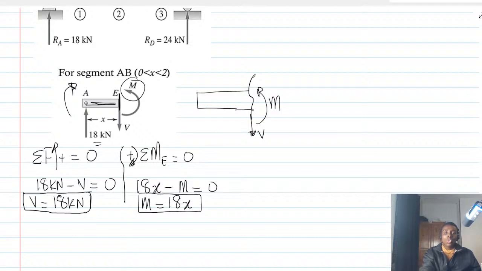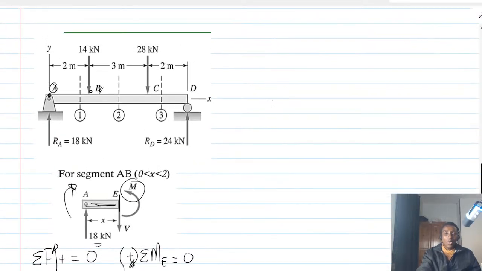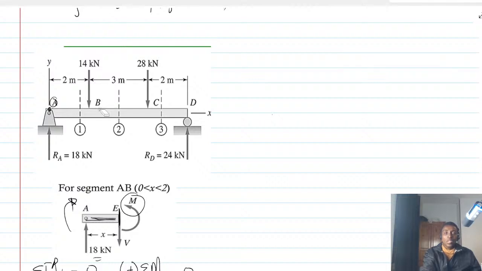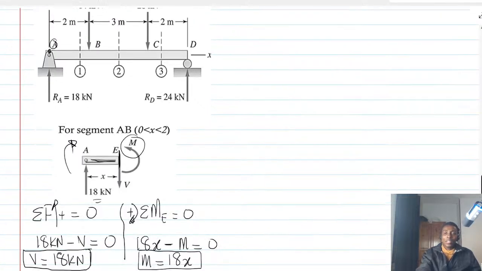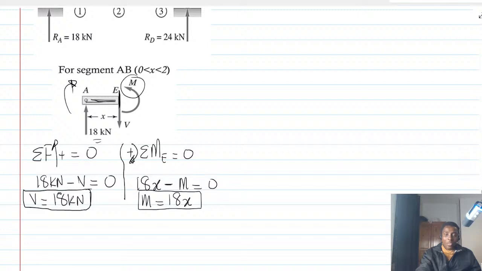So put these two equations down. Write it somewhere. Now let's come to the second portion. But we need to understand that what we have cut here is valid for x from 0 to 2, or let's say x between 0 and 2.